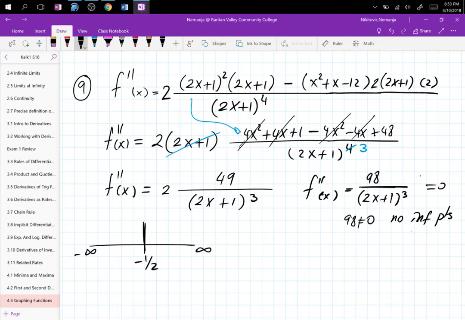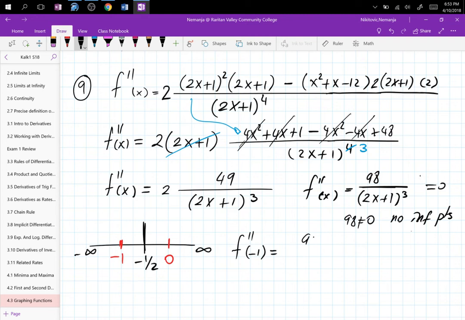It's a vertical asymptote, exactly. So you do partition over all inflection points and over all asymptotes. The only vertical asymptote we have is negative 1/2, and there are no inflection points, so that's that. Pick negative 1 and 0 as 2 test points and do your second derivative test.